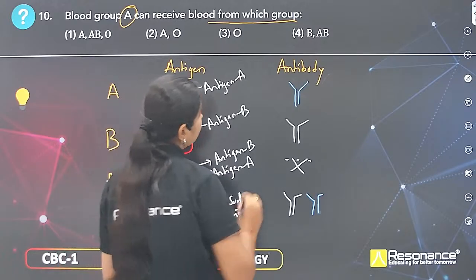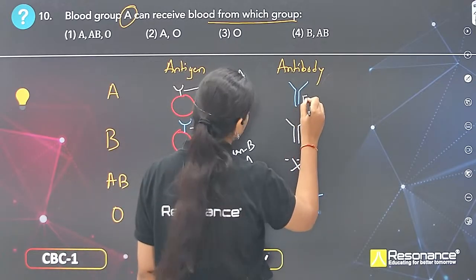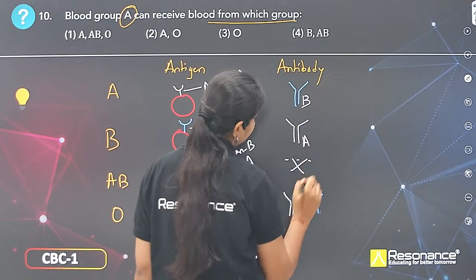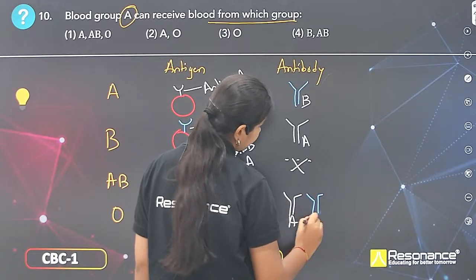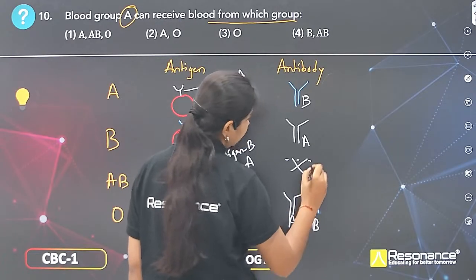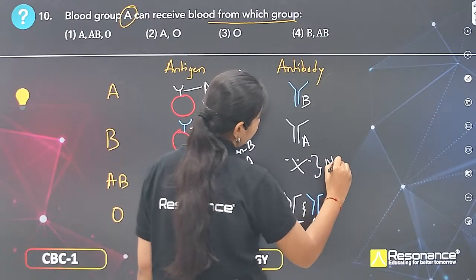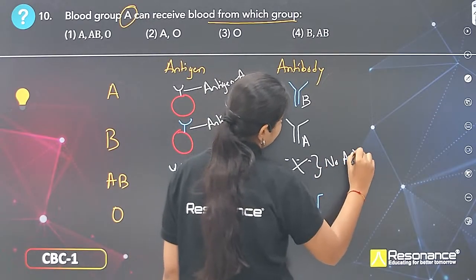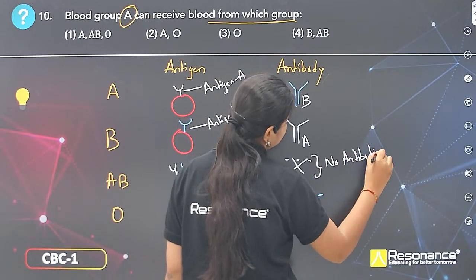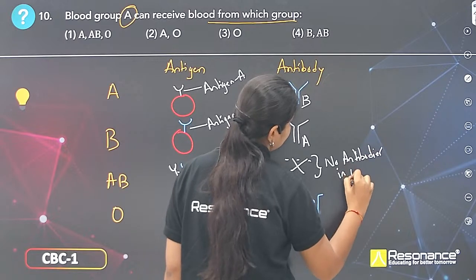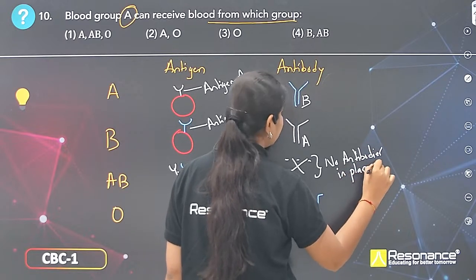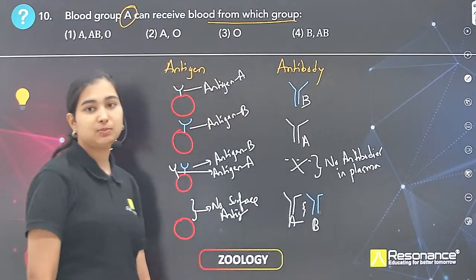Okay, so here this is your antibody B, this is your antibody A, here this is your antibody A and B, right? Here you have no antibodies in plasma, right students? We don't have any antibodies in the plasma.